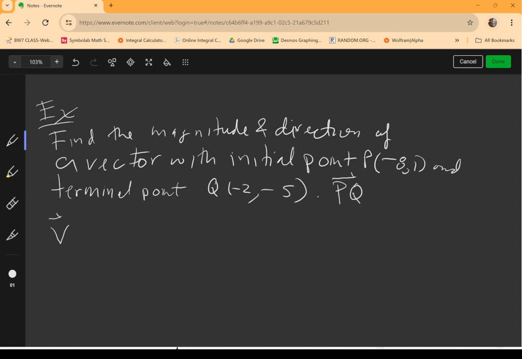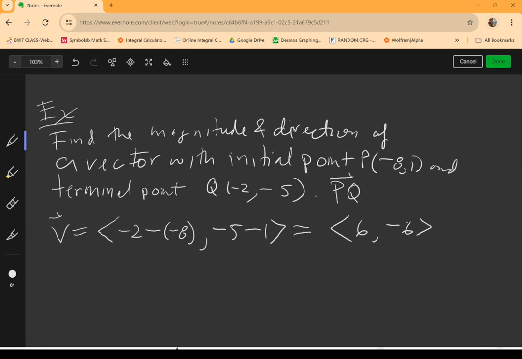If they have the same position vector, they'll have the same magnitude and direction. So v is Q minus P: -2 minus -8, watch our signs, and then -5 minus 1. We get the vector (6, -6).